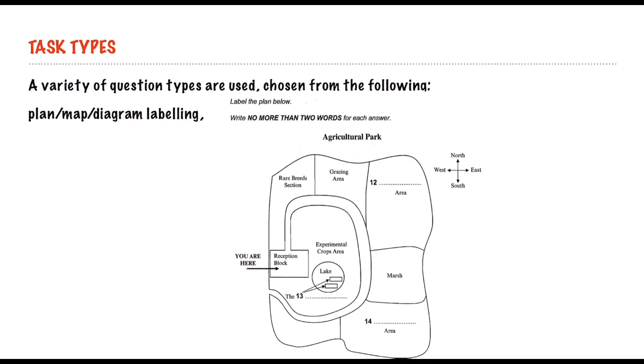So we have an agriculture pack here on your screen, and the instruction is write no more than 2 words for each answer. You really would have to pay attention to the instruction. And then you need to listen to the audio and label your diagram.